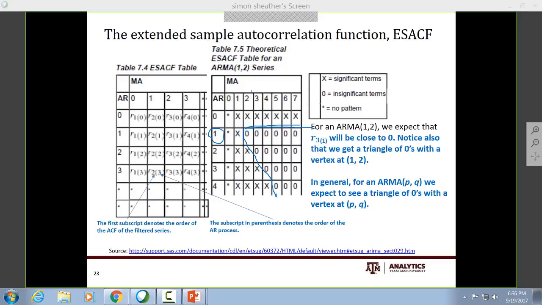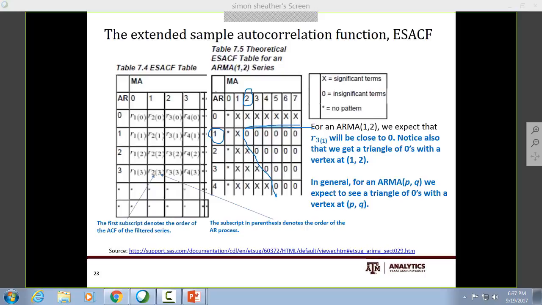The MA is the column, that's MA 2. So what we're going to do is ask SAS to give us this extended sample autocorrelation function, which is based on these calculations like I showed you. Assume it's AR0, that's the top row, fit all the MAs. Assume it's AR1, fit all the MAs. Assume it's AR2, fit all the MAs. Assume it's AR3, fit all the MAs. Okay?